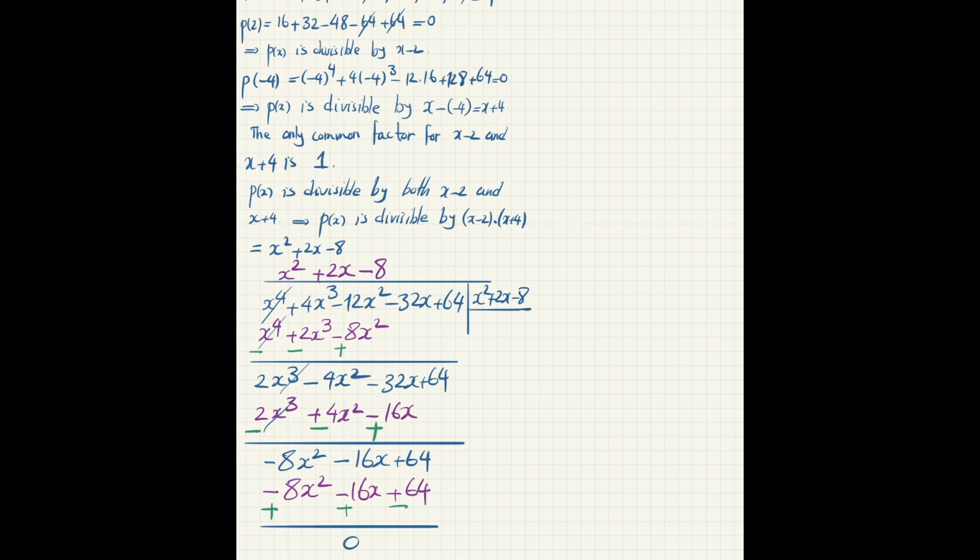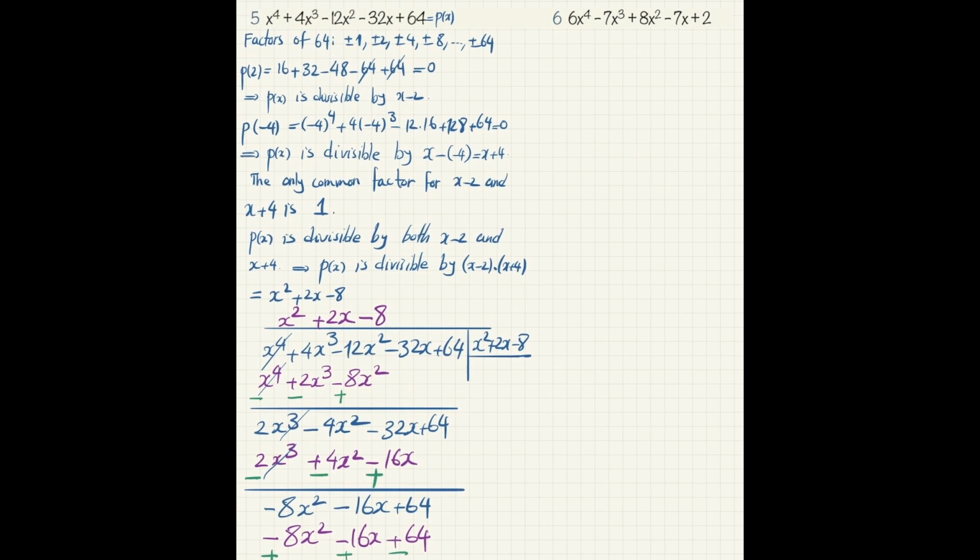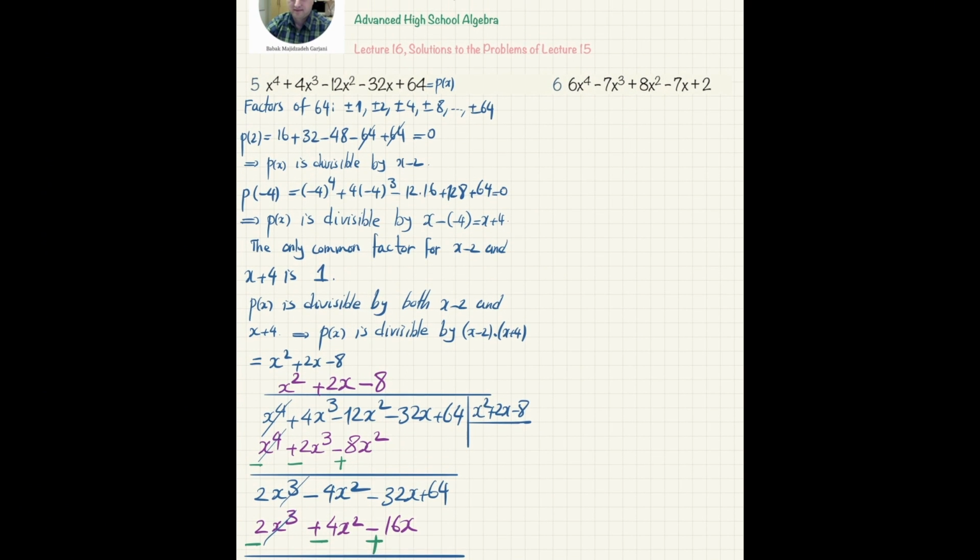doing the long division, and then this one, which is my polynomial, is the product of the divisor by the quotient plus this one. So let me just write it here.